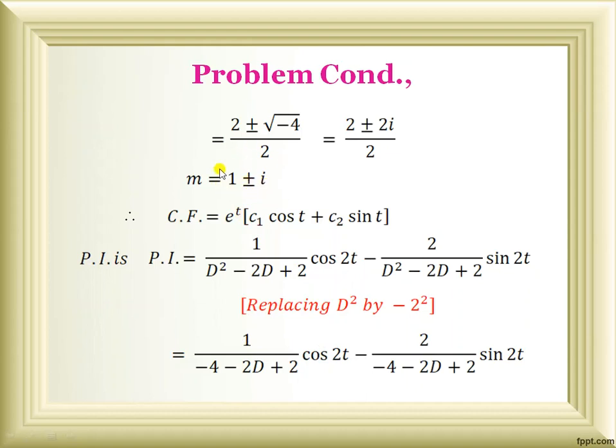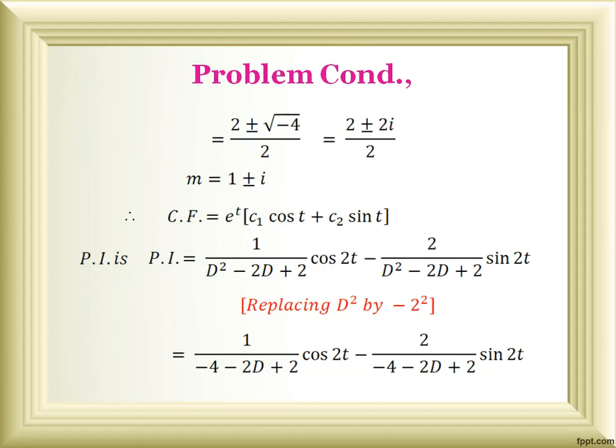This is in the complex form. Alpha is equal to 1 and beta, the coefficient of i, is also 1. Therefore the complementary function is e power alpha t. In this type of problem we need to write the complementary function and particular integral in terms of t, because the derivative capital D is d by dt and the independent variable is t.